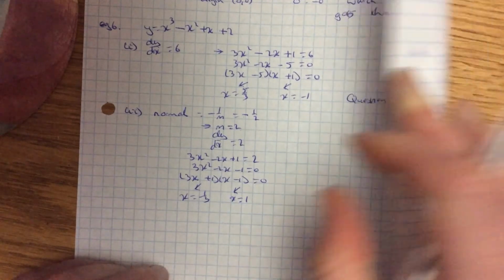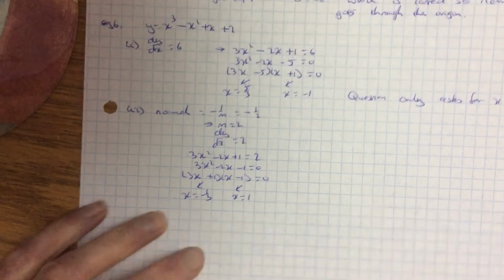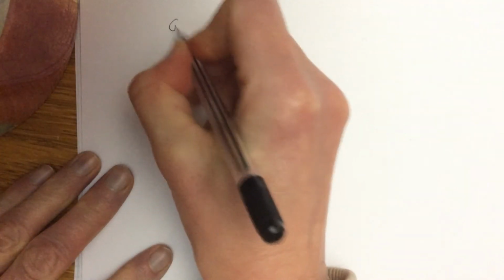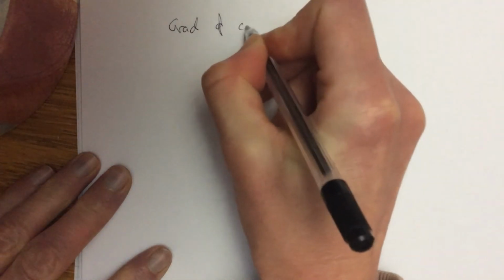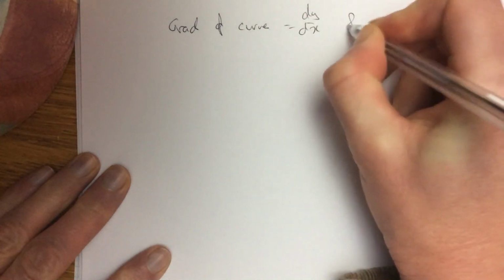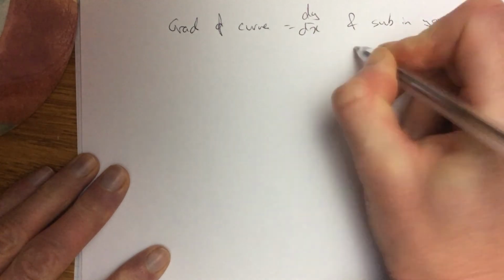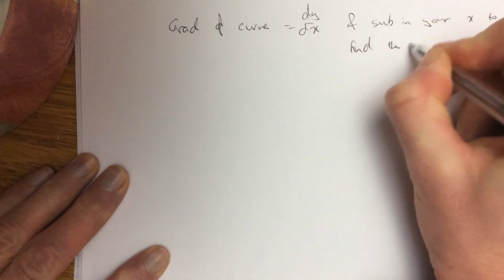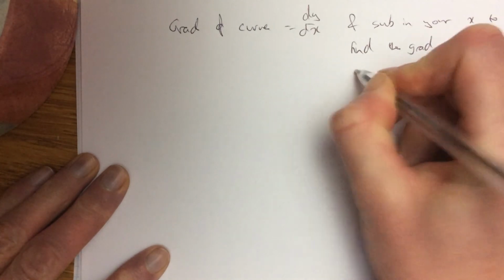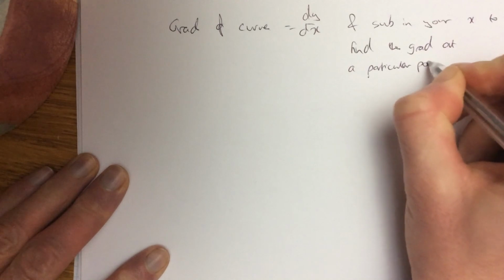Now, just before we start the exercise, they want to sum up here a wee bit. Let's do it on the sheet. Gradient of a curve equals dy by dx, and sub in your x to find the gradient at a particular value or a particular point.